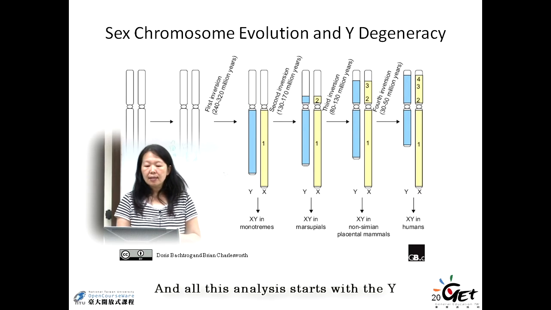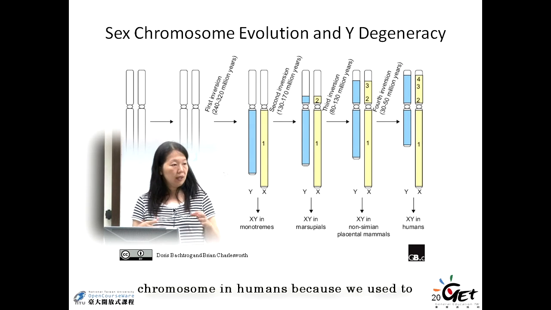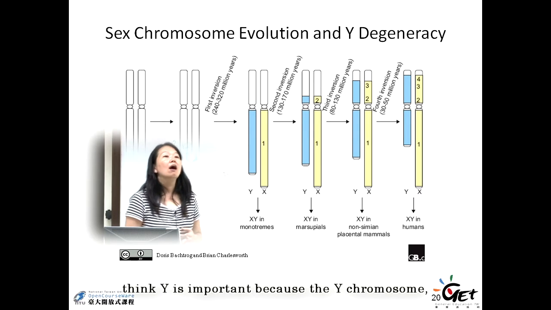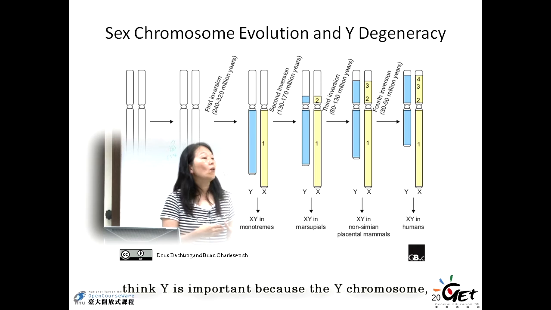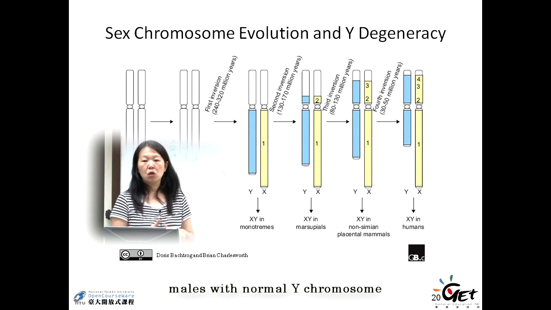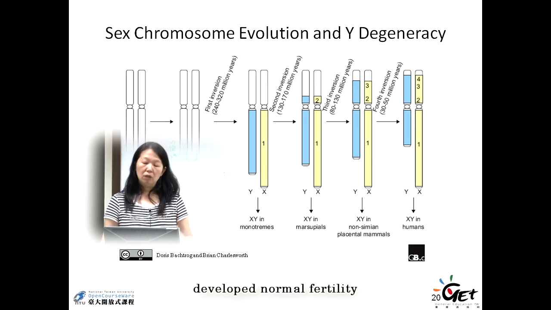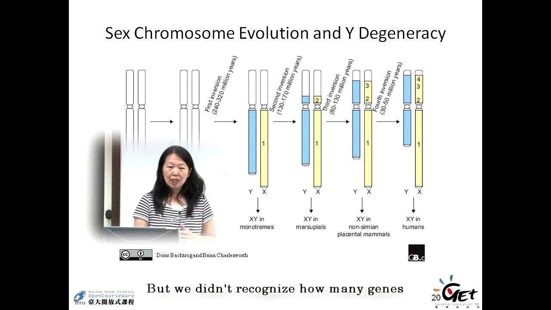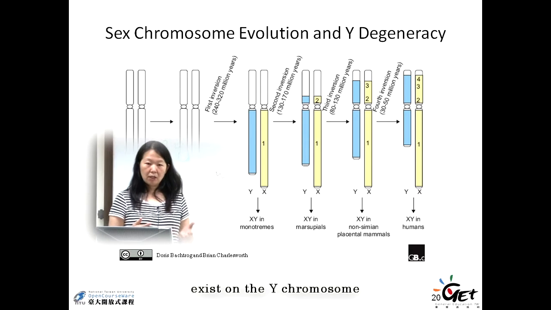All this analysis starts with the Y chromosome in human, because we used to think Y is important since males with a normal Y chromosome develop normal fertility. But we didn't recognize how many genes exist on the Y chromosome.